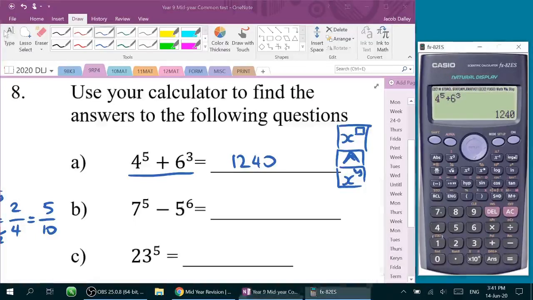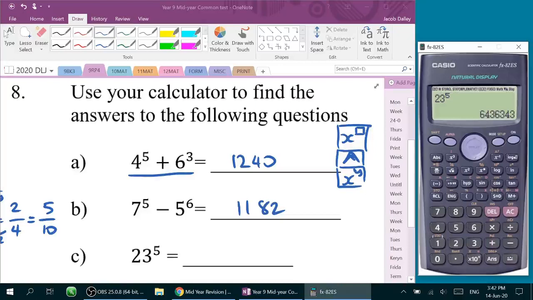Next one, 7 to the power of 5. Move that down, minus 5 to the power of 6 equals 1082. 23 to the power of 5, this is going to be a big number, I can tell.